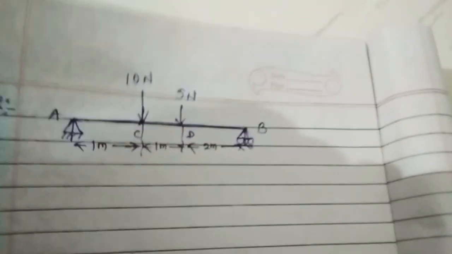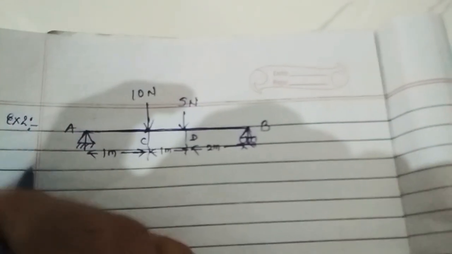To find out the shear force at different points of a beam, first we have to find out the value of reaction forces at point A and at point B.